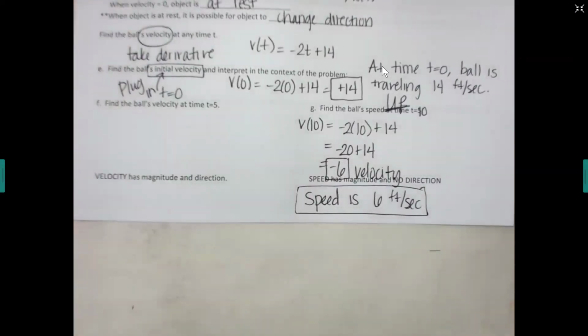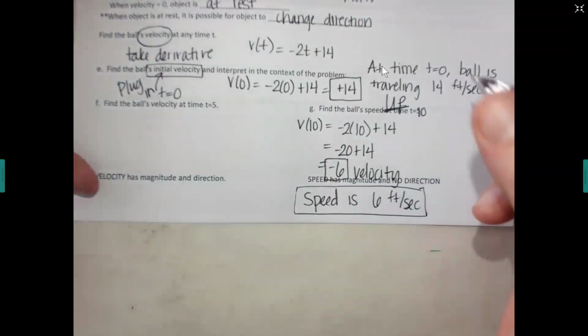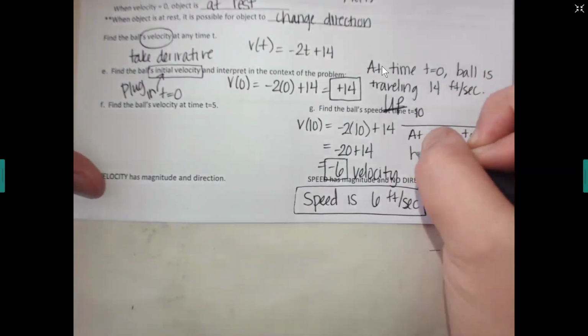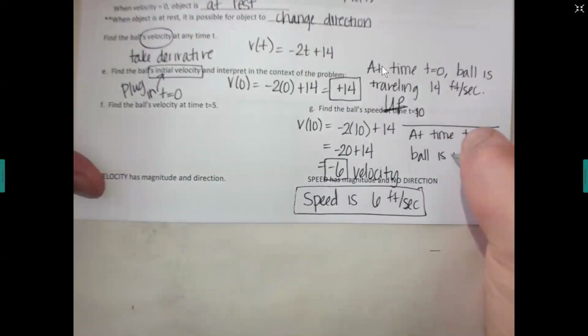And what is the negative add to the information that I have? That it's traveling in a downward direction. Very good. So that would be at time t equals 10. The ball is traveling 6 feet per second down.